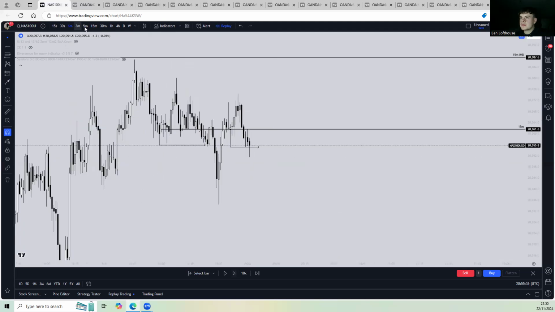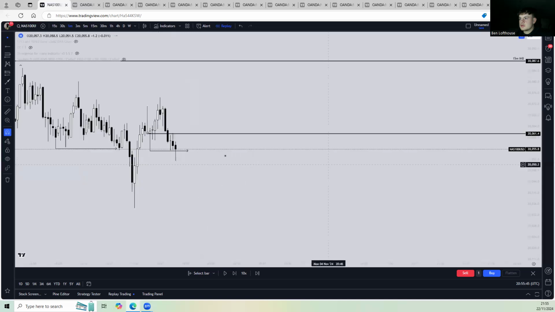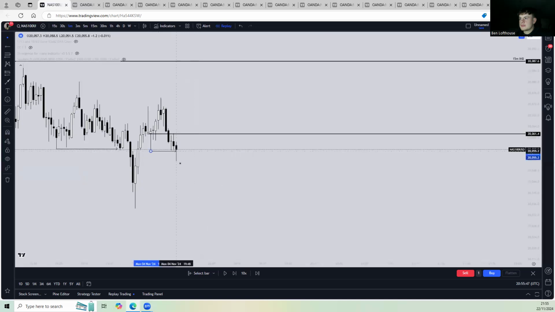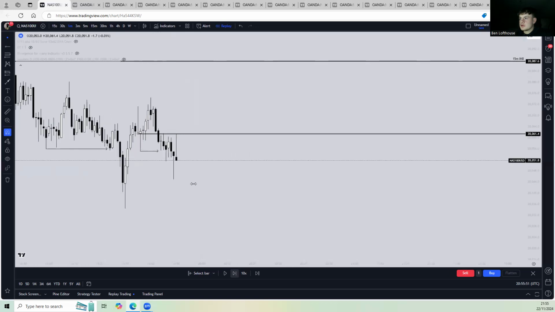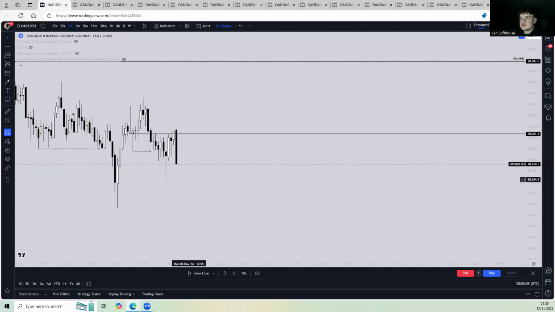So 5 minute, another 5 minute candle, delete that. Comes to the 5, produces a CE.